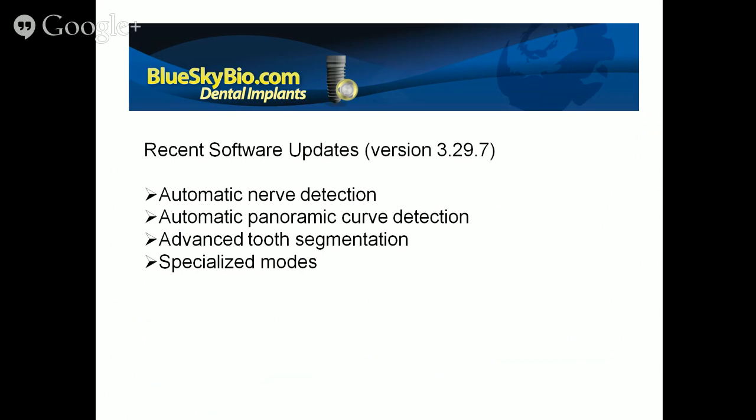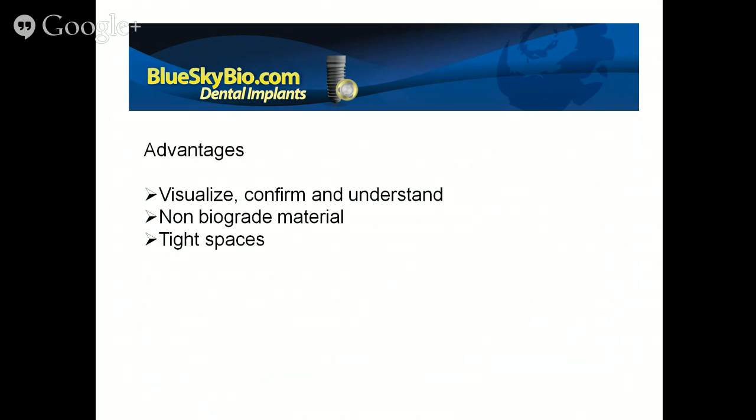You could also put in a third curve if you like, maybe by the occlusion, and all of that is saved in the software and you could toggle between them. We also have advanced tooth segmentation to extract teeth, and we have specialized modes, which we're going to touch on during the presentation as well.